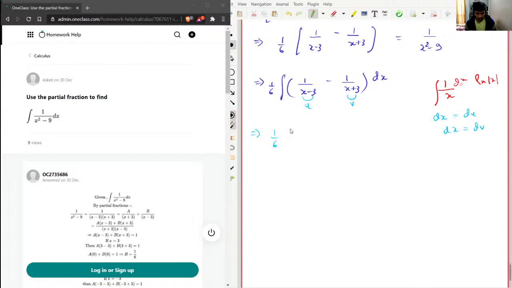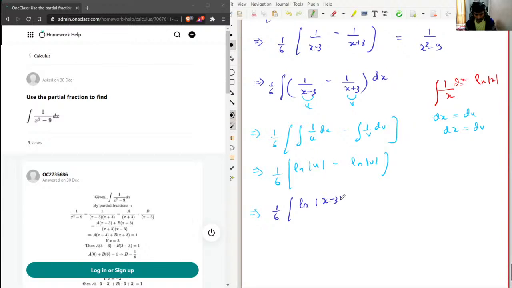So 1 over 6 integral of 1 over u du minus integral of 1 over v dv, and this will become 1 over 6 ln of u minus ln of v. Now I'll substitute the value of u and v back in this, so this will become 1 over 6 ln of x minus 3 minus ln of x plus 3.